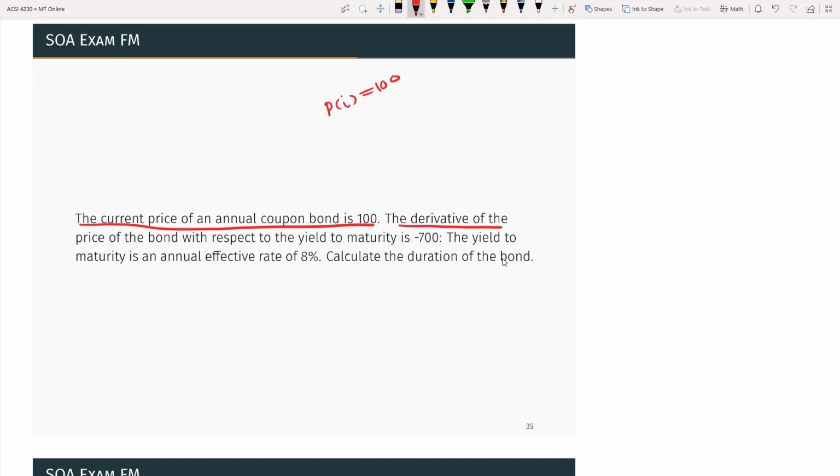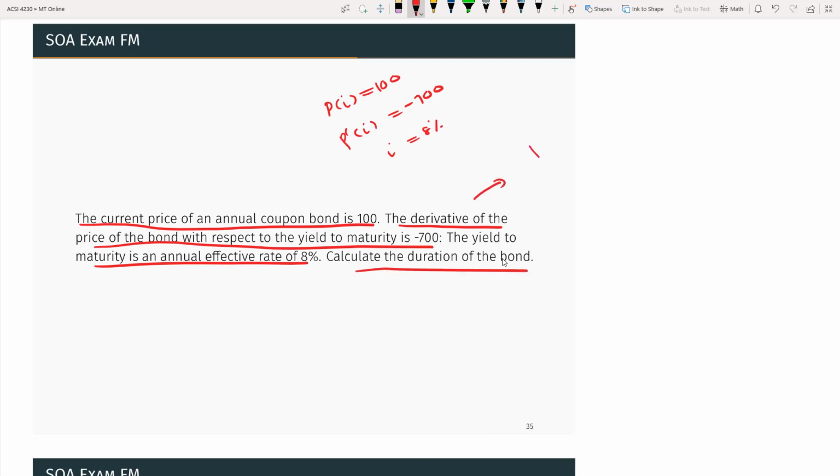The derivative of the price of the bond with respect to yield to maturity is -700. So basically you are given the derivative too. The yield to maturity, an annual effective rate, is 8%. So i is given. Calculate the duration of the bond. From here you can easily calculate the modified duration, which is defined as negative P prime(i) over P(i).